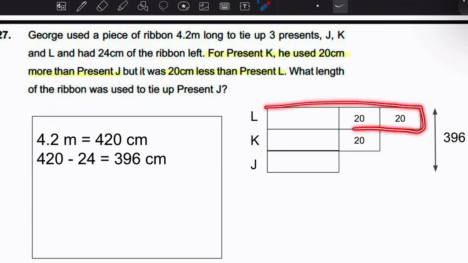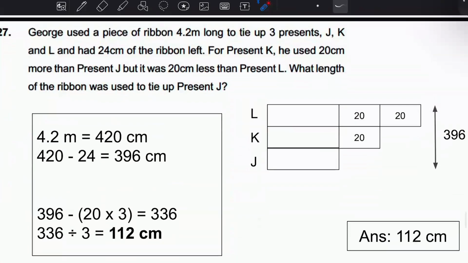So L is also 20 cm more than K. And since we already know this is 20, this is 20, this is 20.